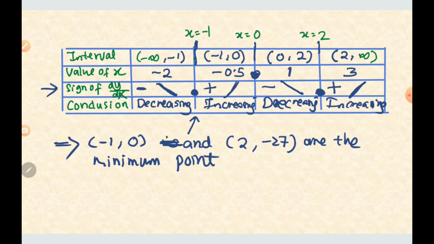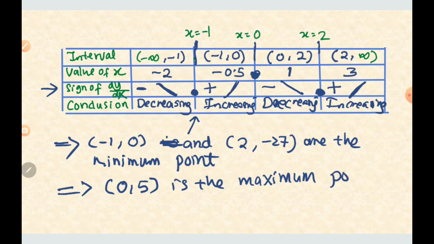The maximum point is here, that is, what is the point? 0, 5, and the point 0, 5 is the maximum point. Okay, so from the table we can make the conclusion which one is maximum and minimum. So this is our conclusion. Negative 1, 0 and 2, negative 27 are the minimum points, and 0, 5 here is the maximum point. Okay, thank you.